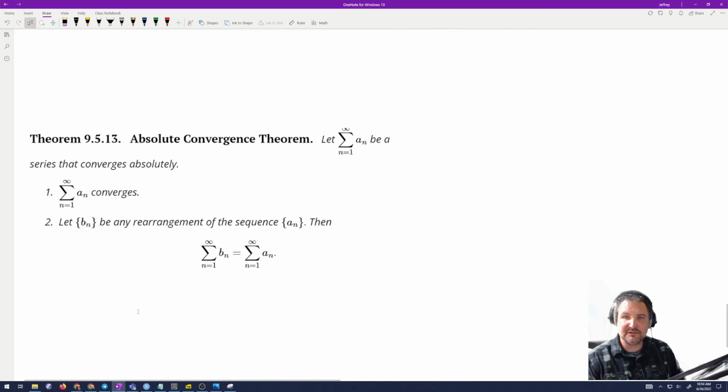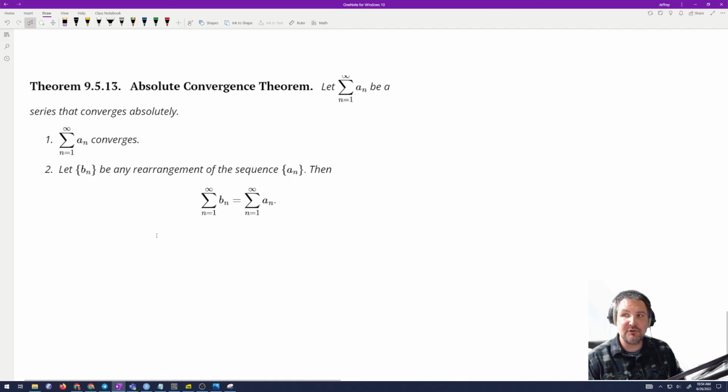One of the last big results of the section is that if you have one of these absolutely convergent series, that means we can rearrange the terms and we'll get the same sum. And that's very handy sometimes, because if you're summing up an infinite series and you can group the terms in a clever way to find what the series is, then that's very useful.